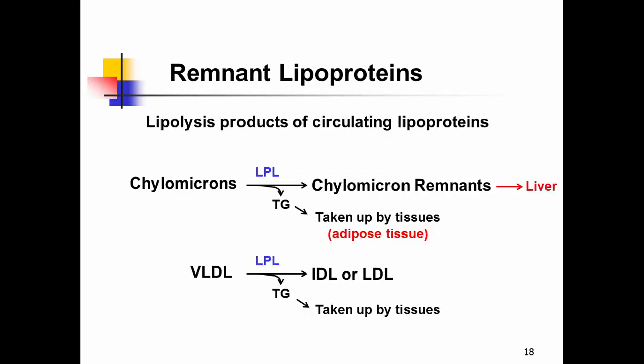Okay, remnants of lipoproteins. We also talked about that the chylomicron is basically synthesized in which tissue? Small intestine, right? And where is the triglyceride inside of a chylomicron coming from? Diet, right? So the dietary lipids, triglyceride basically.